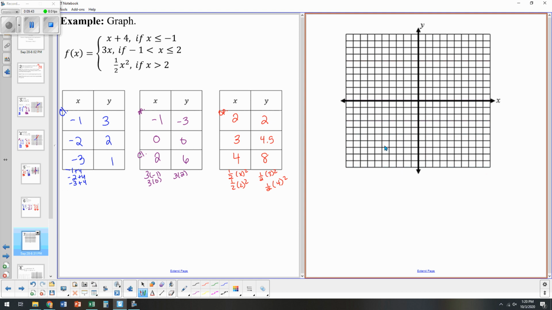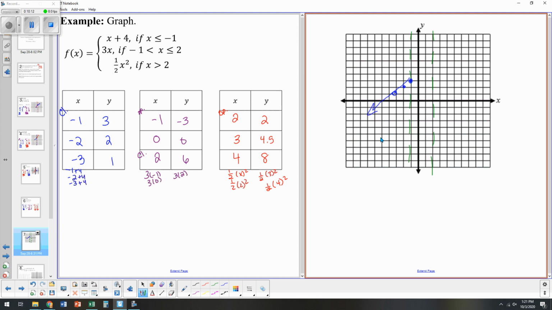So here's our graph. So I know I'm going to put my boundaries at negative 1 and at 2. Now I can graph my blue line at -1, 3 with a closed circle, -2, 2, and -3, 1.